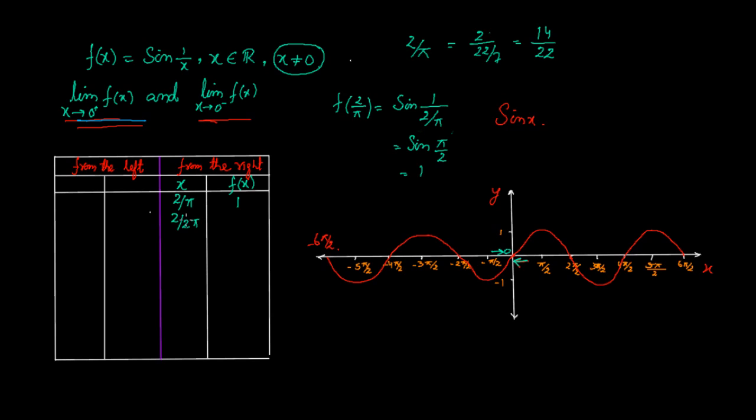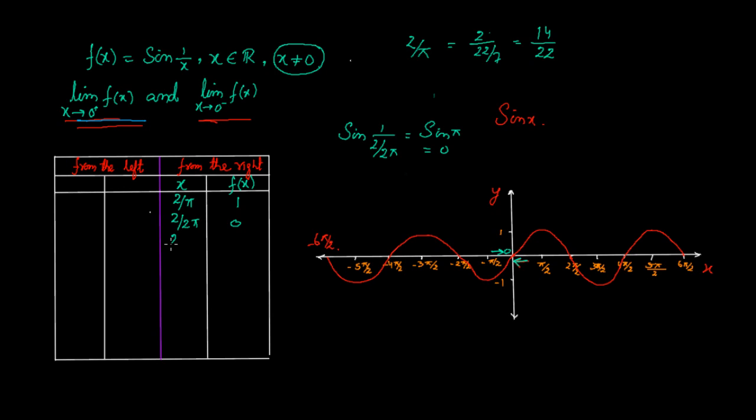So the next point we shall be taking is 2 by 2 pi. If we look at sine of 1 upon 2 by 2 pi, that is just same as sine of pi, and that is equal to 0.